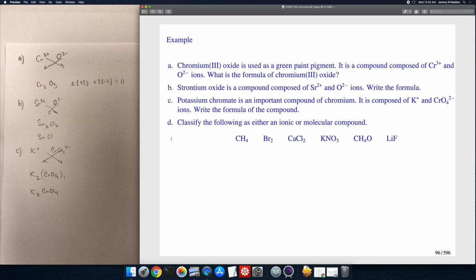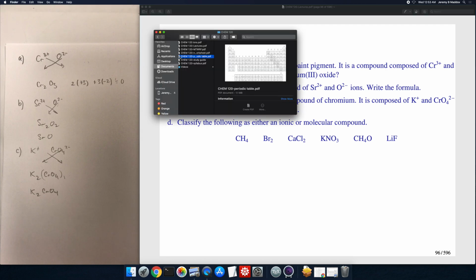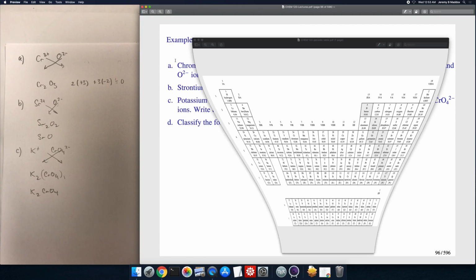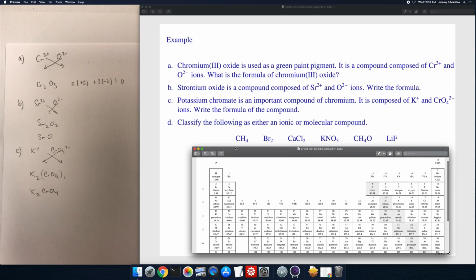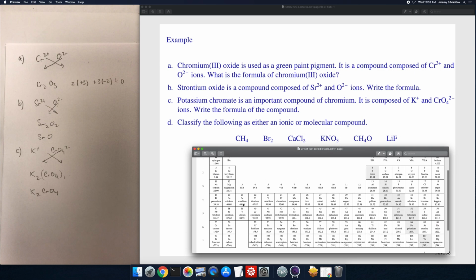In part D, we're being asked to classify these different chemical formulas as to whether they correspond to an ionic compound or a molecular compound. It may be helpful for you at this point to get out the periodic table. So I'm going to go ahead and grab that, and I'm going to squish it down a little bit. That should be good enough for us.